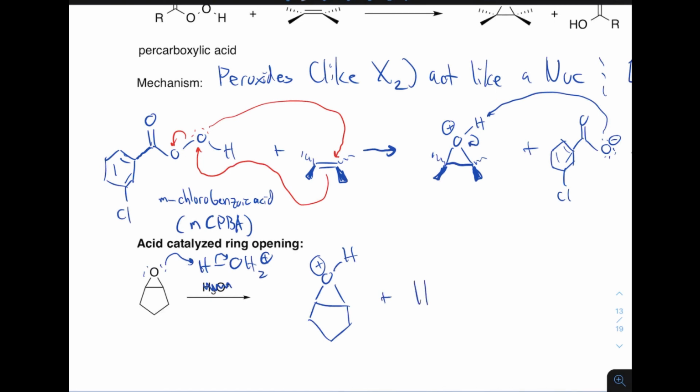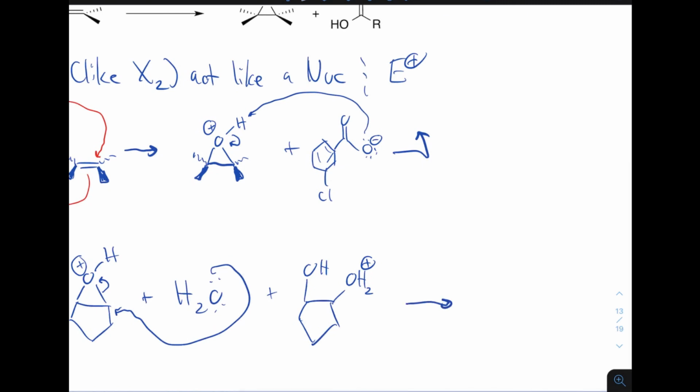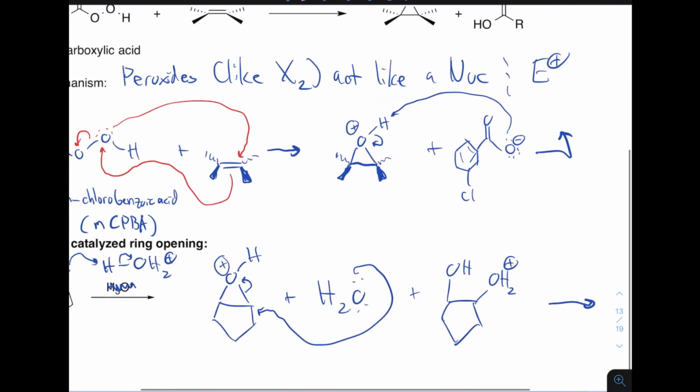And so what can happen next is the water that formed, from deprotonating our hydronium ion, will end up attacking that carbon site to have an alcohol as our group here. And this is, of course, again, here it didn't matter.